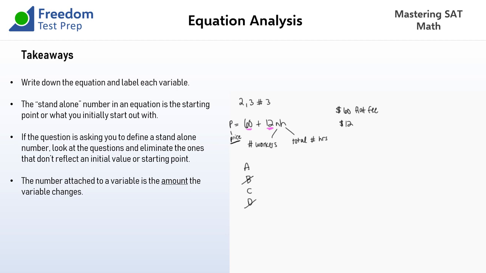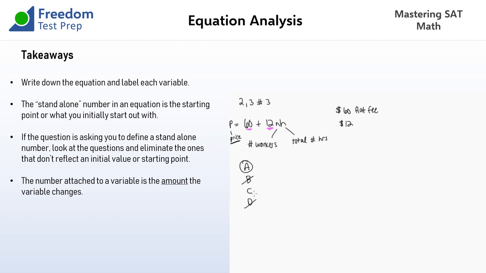A says $12 an hour for each landscaper. And C says the price of every job increases by $12 an hour. But that doesn't really make sense. We're not talking about the amount that it increases. This is just to figure out the price of the job.